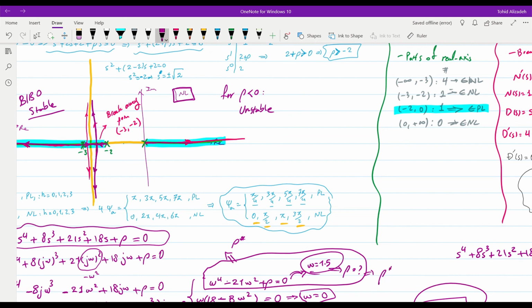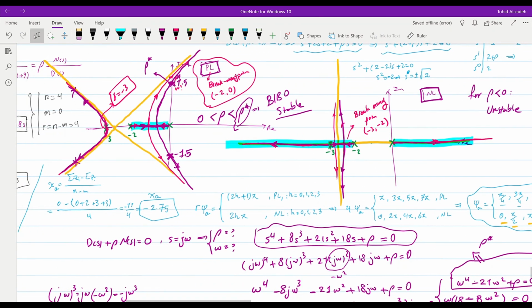Indeed, rho star will be equal to 21 times 1.5 squared minus 1.5 to the power of 4. This will give us the rho star, and for that value, the system could be approximated as an undamped second order system.